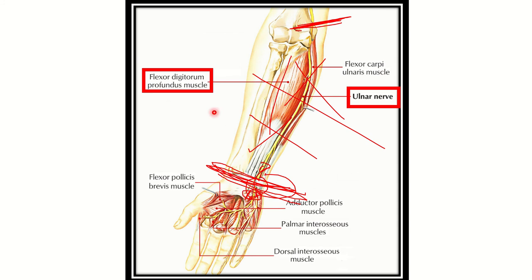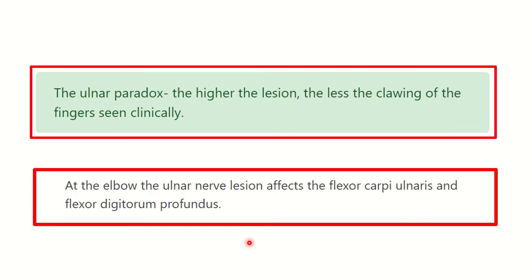So if this muscle is non-functional, there will be less clawing. This is the ulnar paradox: the higher the lesion, the less the clawing of the fingers seen clinically. So this point is important. The higher the lesion, the less the clawing.